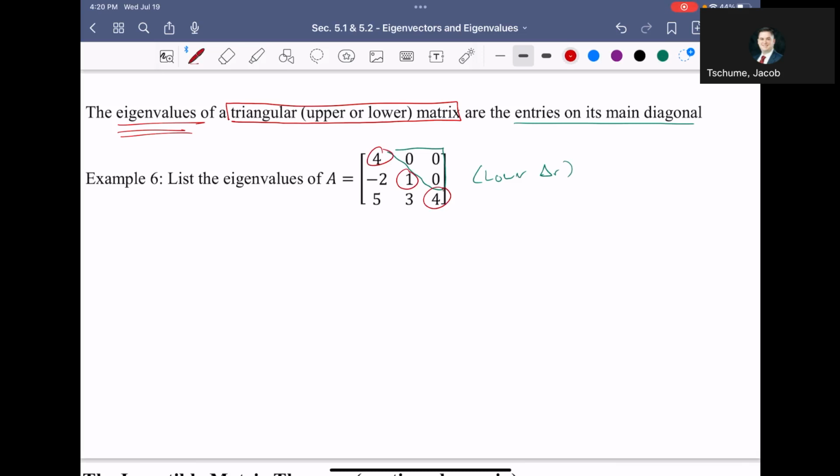So what you'll notice is that we have lambda equals 4 twice, and we have lambda equals 1. I emphasize the word twice because we have not seen that yet today, where an eigenvalue can repeat itself. Interesting.